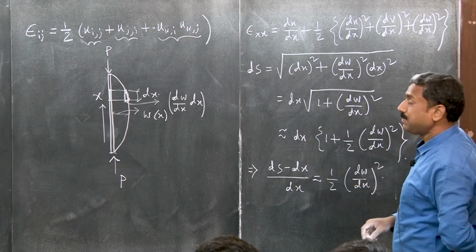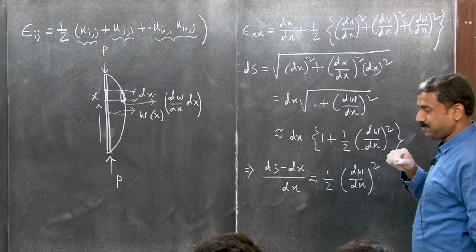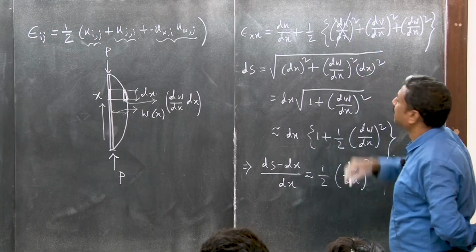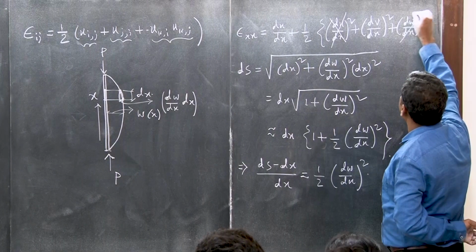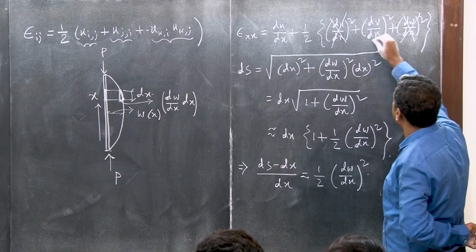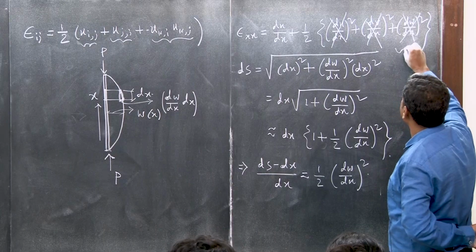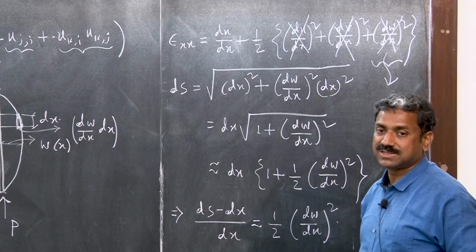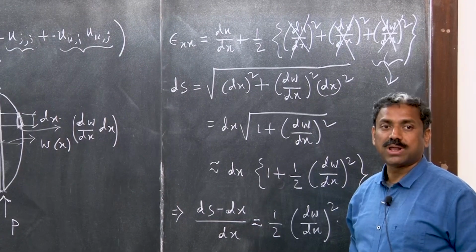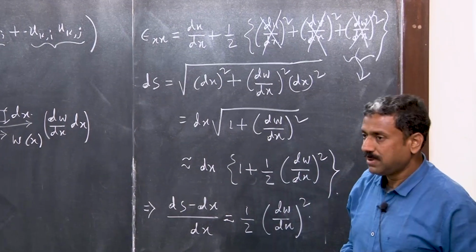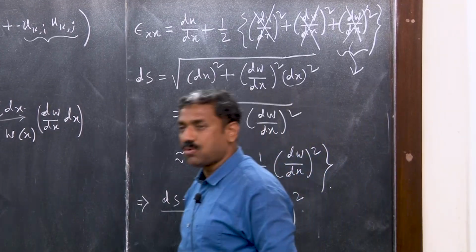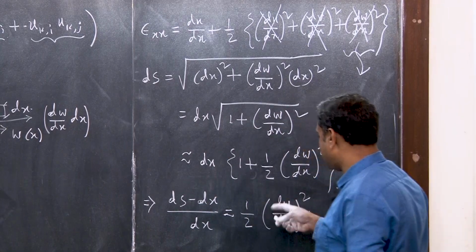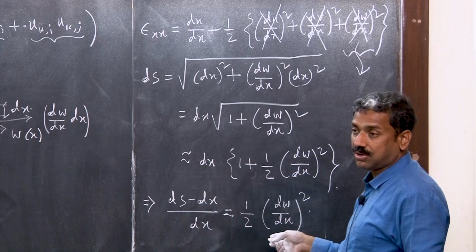Now, for a beam, the in plane displacement u is very small, so its gradient is smaller, there is no v, and only the (dw/dx) squared term is important. So, this strain is called von Karman nonlinear strain and this is valid for moderate rotation, okay. Many people call it large deformation strain. No, this is wrong, not large deformation, moderate deformation, okay. So, this is another simplified derived von Karman nonlinear strain.